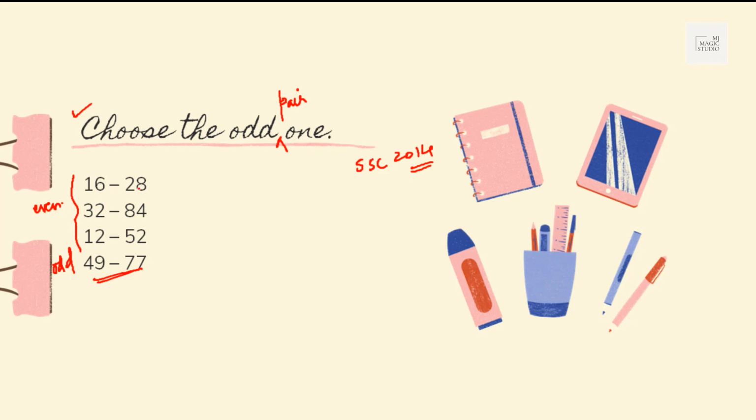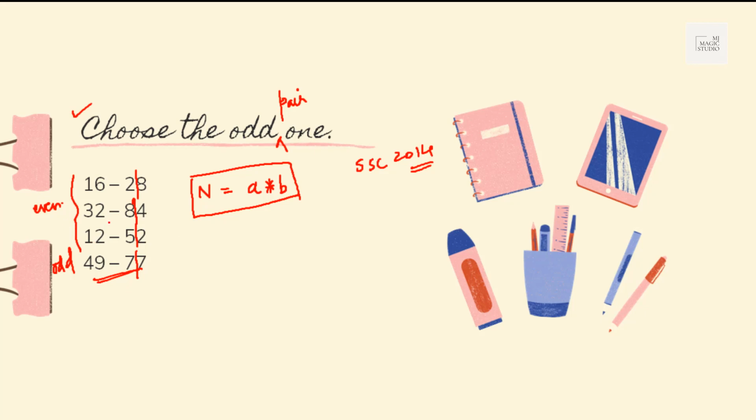16 and 28. If we read it this way, 16 is 2 8, 32 is 8 4, 12 is 5 2, and 49 is 7 7. Can I devise this: N equals A into B? Is this grouping possible?